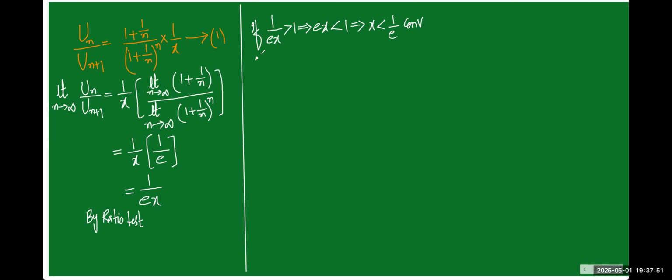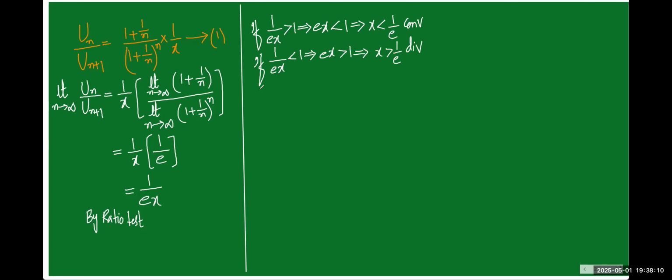Similarly, if 1 by x is less than 1, it means x is greater than 1 by e, then divergent.